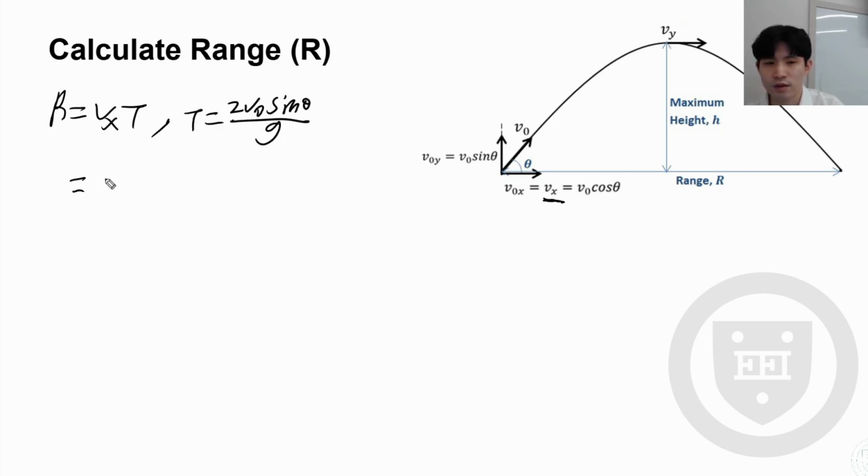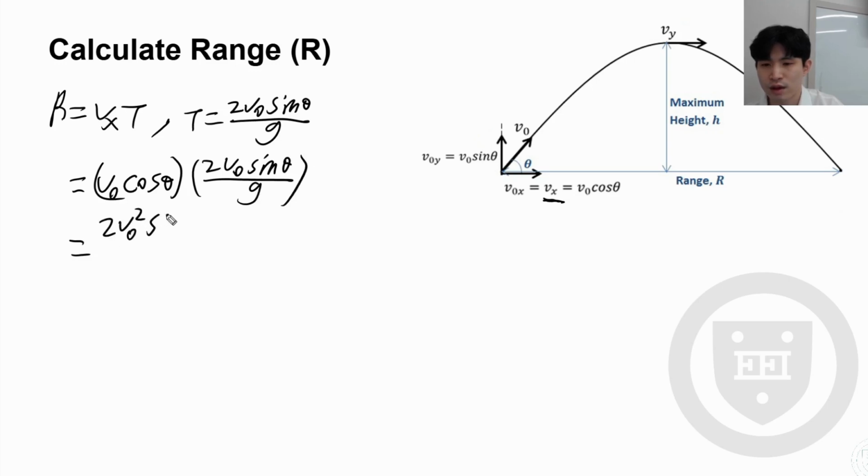So range is just V0 cosine theta times 2V0 sine theta over g, which is 2V0 squared sine theta cosine theta over g. Let me just write g in the middle, like this.